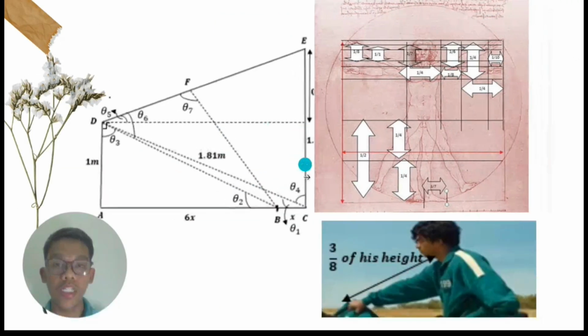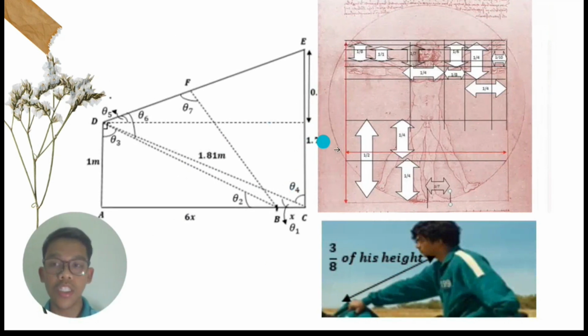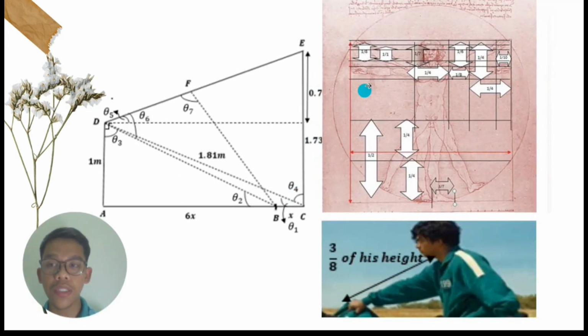Just additional information, based on the research entitled A Human Body Mathematical Model Biometry Using Golden Ratio, a new algorithm written by Ibn Abu Tai and Hamid. Based on the research, Leonardo da Vinci developed 15 proportion rules used to model a human in his work named Vitruvian Man.